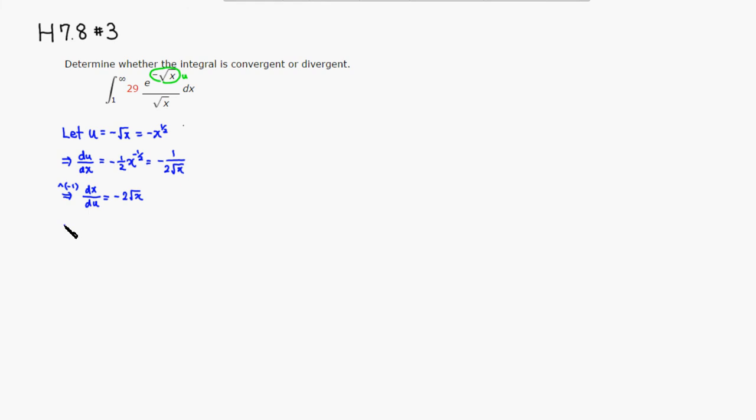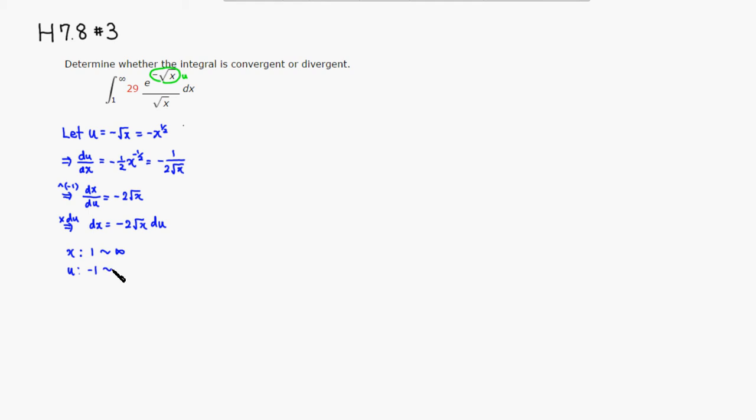Then multiply through by du so that we have dx all by itself. So it's negative 2 square root of x du. Then x is going from 1 to infinity. u is going to be, if you plug in 1, negative 1.